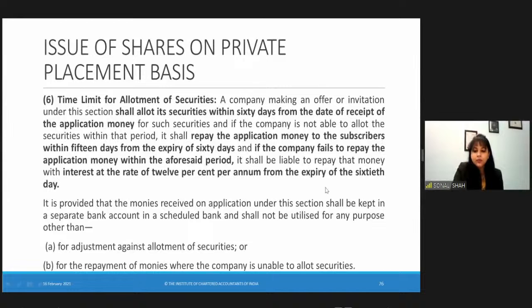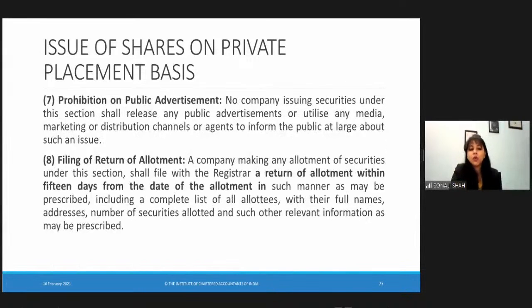Now, whenever this application money is received by the company, this money always has to be kept in a separate bank account in a scheduled bank, and it can be used only for adjustment against securities allotted or for repayment of money where the company is unable to allot securities.